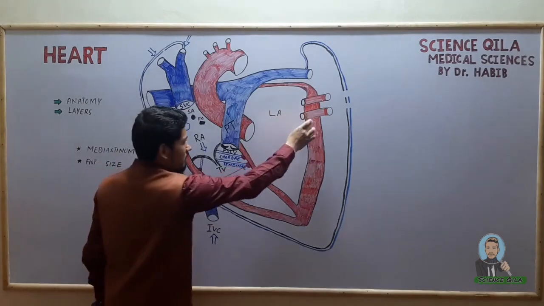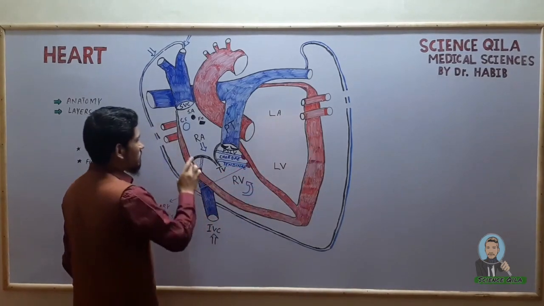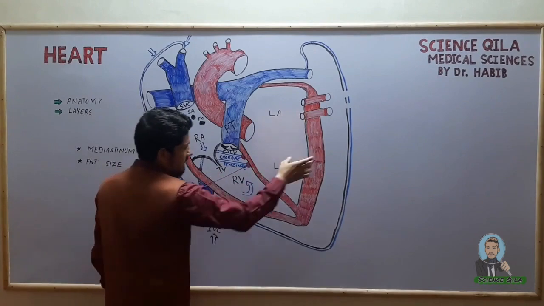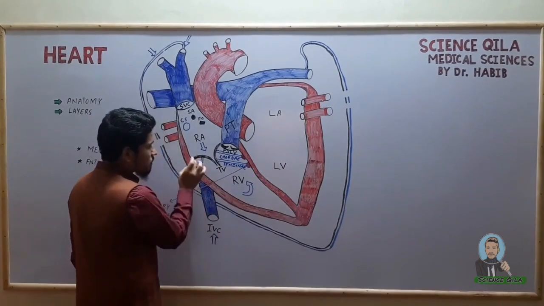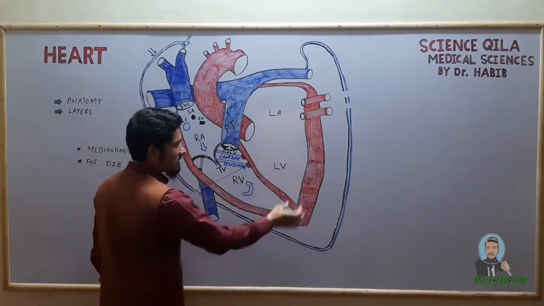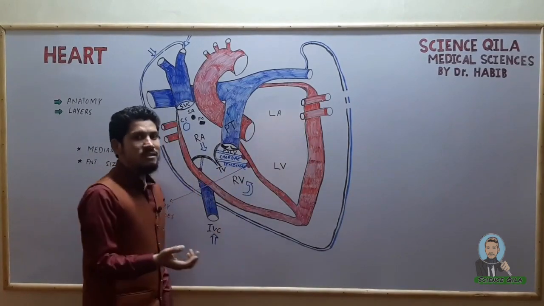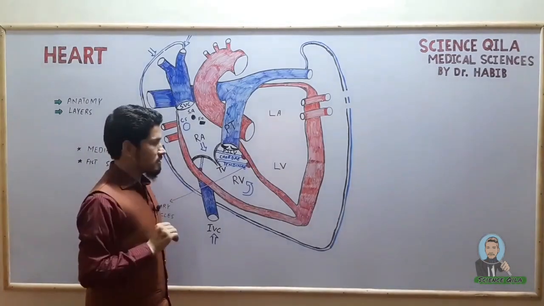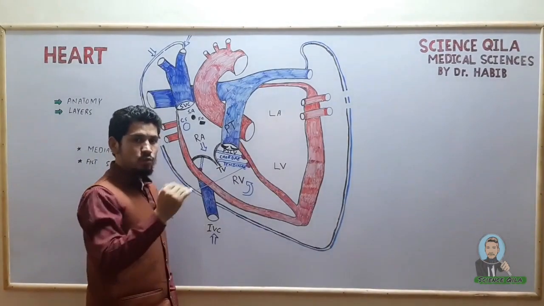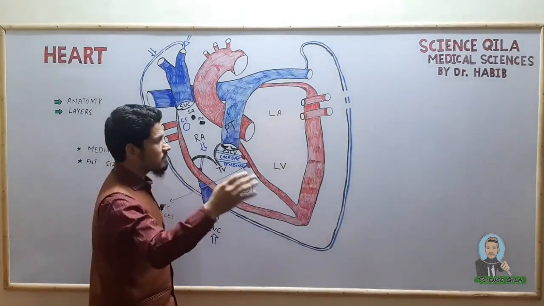You can check the musculature of the heart, where in the ventricles the muscle composition is thicker than the atria, because the lower chambers are high pressure chambers. They have to pump the blood towards the lungs or towards all parts of the body.